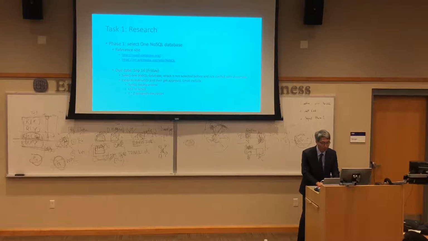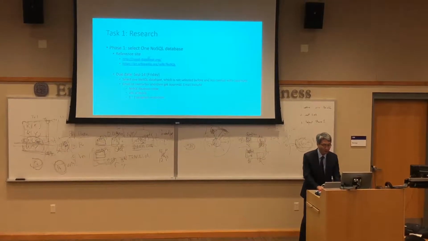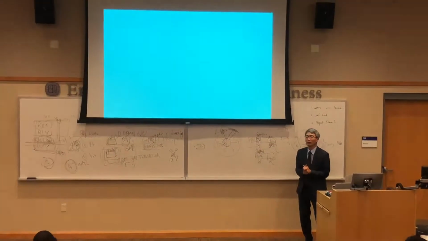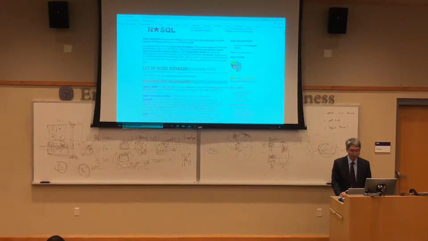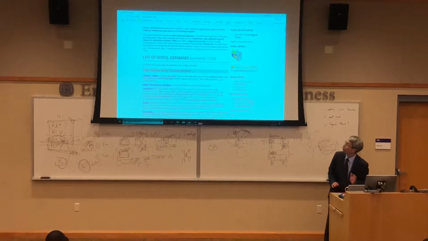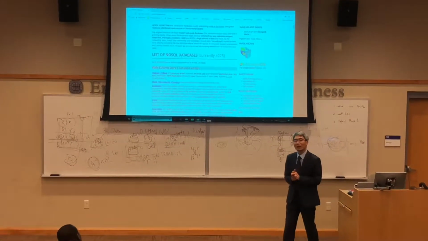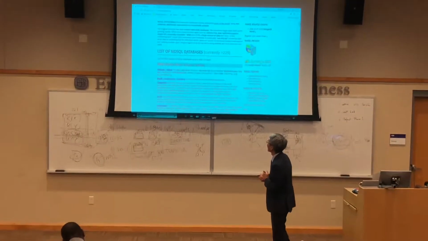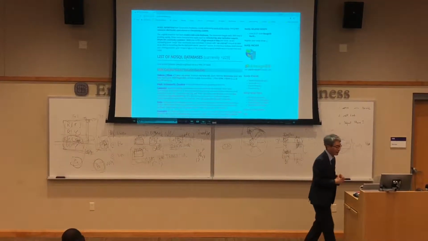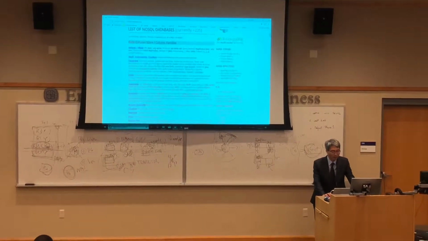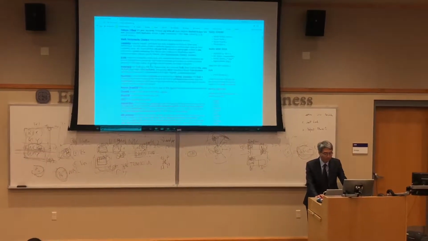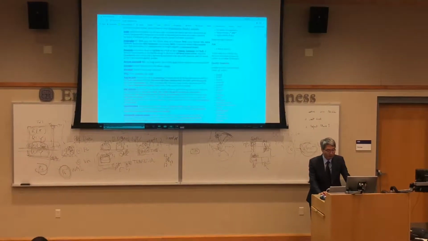So you can go to this website, one of the popular websites that lists as many NoSQL databases as possible. You can see the list of NoSQL databases is currently more than 225. Some of them are very popular, like Hadoop HBase. The NoSQL database Cassandra is also very popular, and then Cloudera.